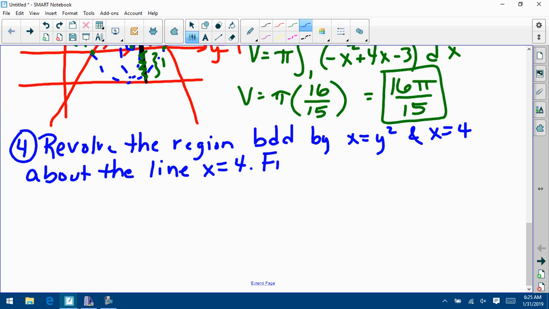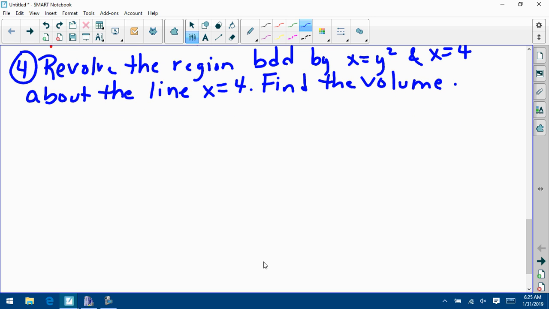Find the volume. Okay, so as usual, we're going to start with our graph.